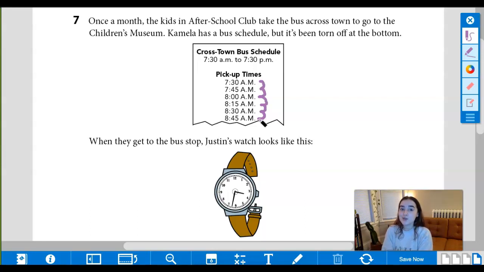There is a new bus every 15 minutes. So we know that every 15 minutes there will be a bus.